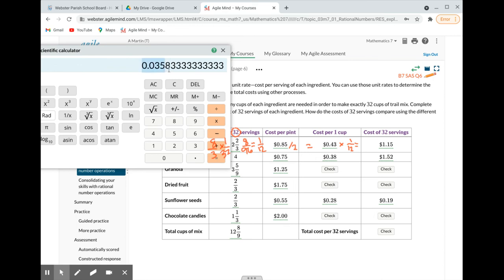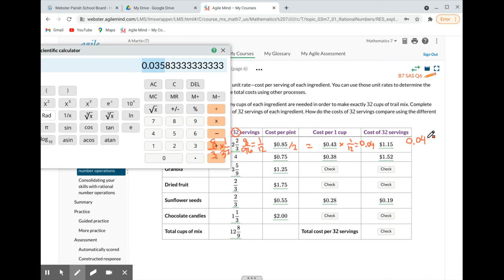So we get 4 cents. Now, when we get 4 cents for one, what do I need to do with this 4 cents to see what it will be for 32 of them? If one costs 4 cents, how do you find out what 32 cost?